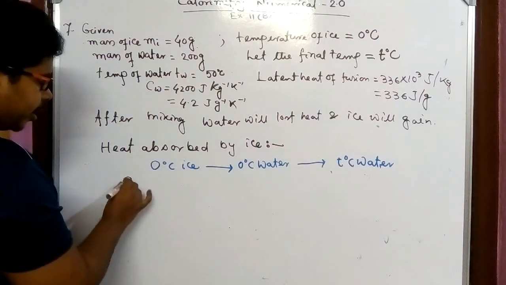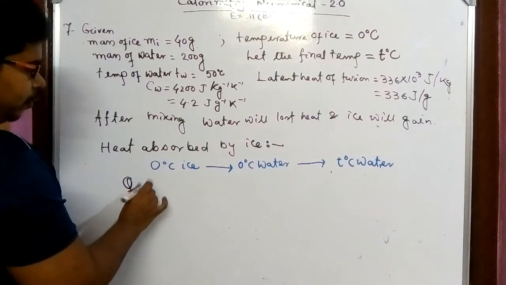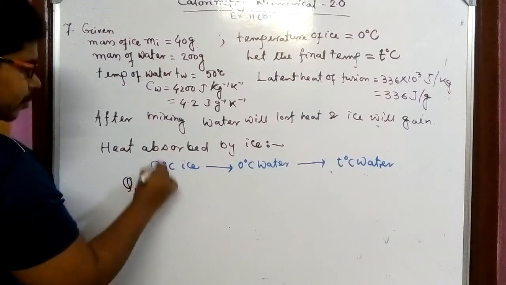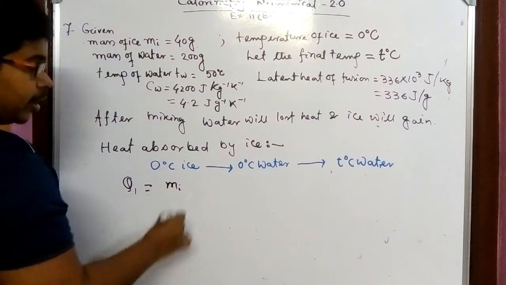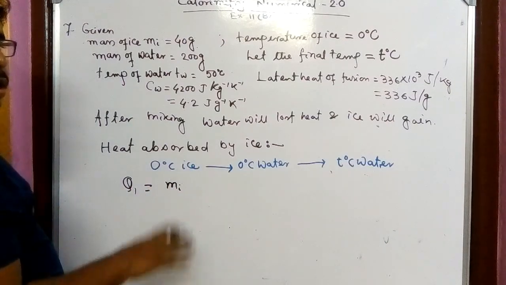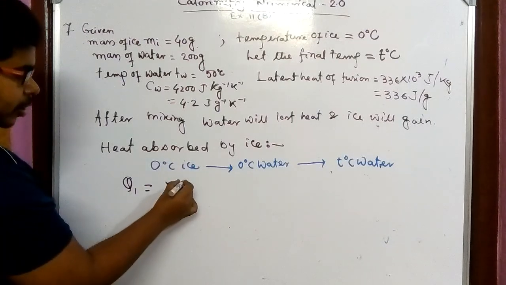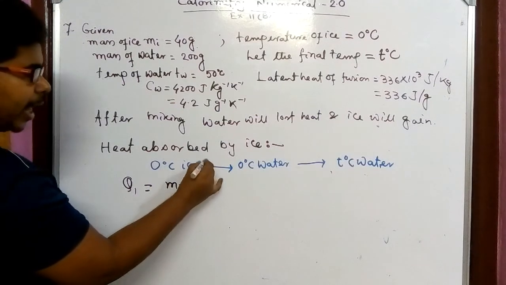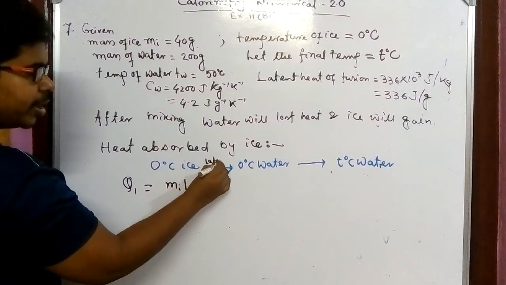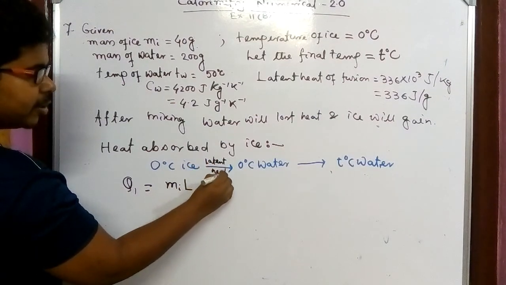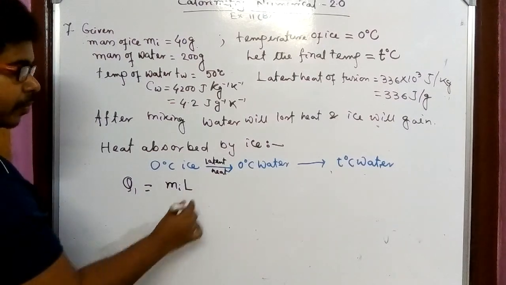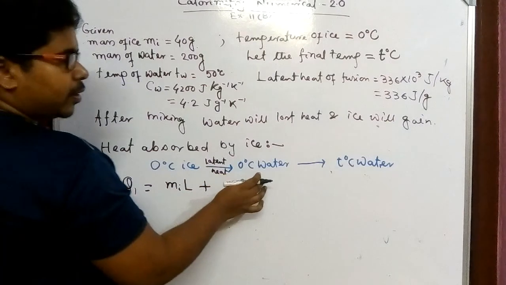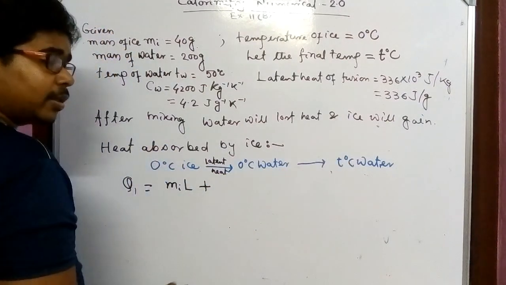Now total heat energy Q1, first 0 degree centigrade ice to 0 degree centigrade water, so mass is Mi. So first state change occurs, no temperature change, so Mi into L, that is only latent heat. So here only latent heat is used, that is Mi into L, plus extra 0 degree centigrade water converts into T degree centigrade also.